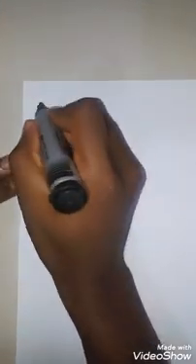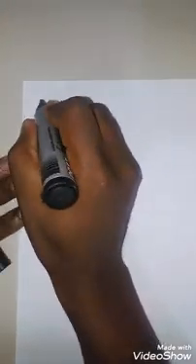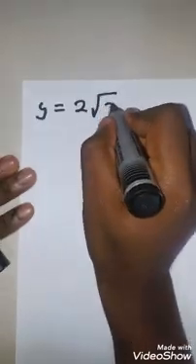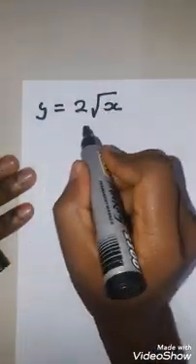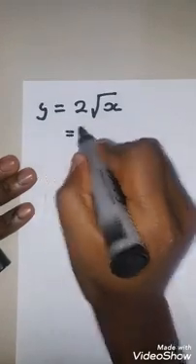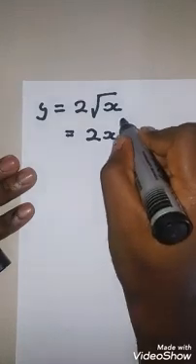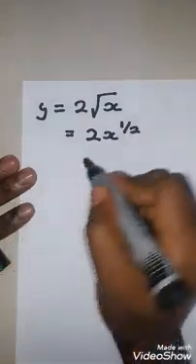Okay, now we'll take one which is a little bit more complicated than the first two we did. y equals 2 root x. Here is just for you to understand the application of indices. 2 root x, you have to simplify the equation. It can be denoted as 2x raised to the power half.